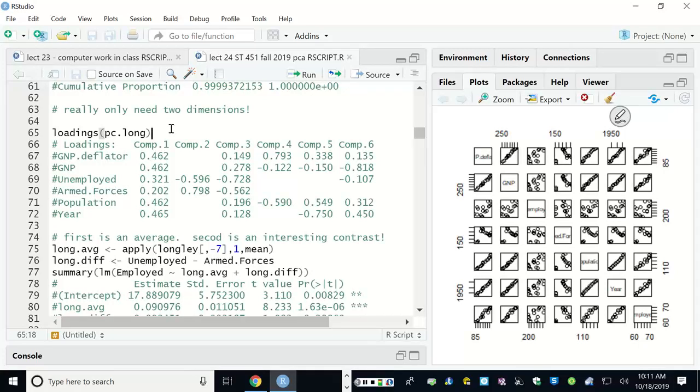So this is almost like an average of those. The second one has armed forces and unemployment, a positive and a negative in there, so it's kind of a difference of those. The first is kind of like an average of all these different things, and the second is an interesting contrast between the number of people in the armed forces and the number who are unemployed.